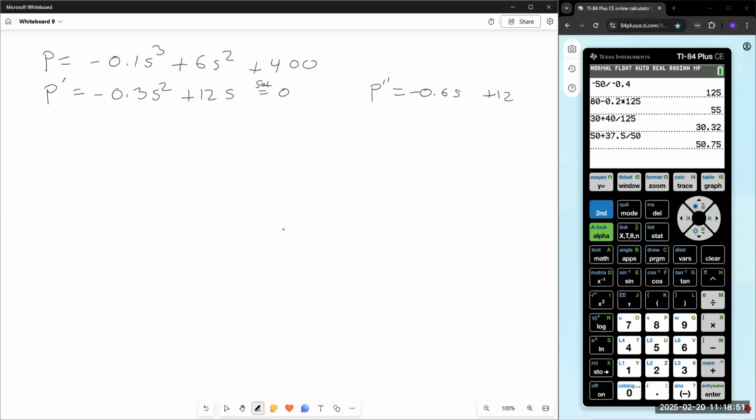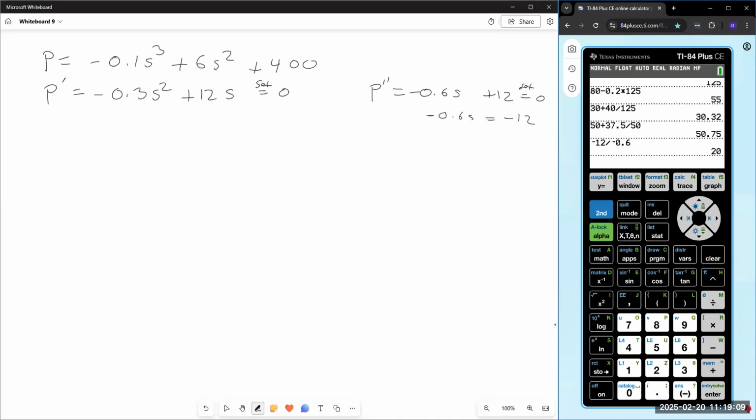If I set that equal to 0, to help me find the point of diminishing returns later, 0.6s equals negative 12. Negative 12 divided by negative 0.6 is going to give me that s is equal to 20.